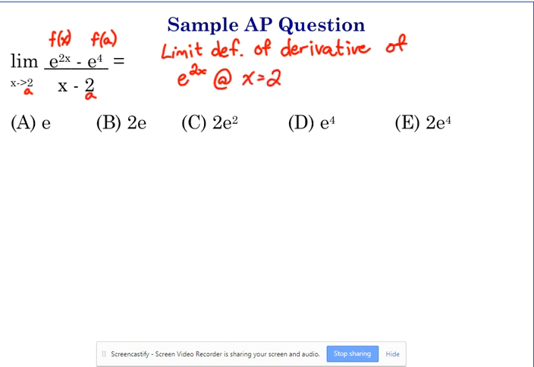Now, you don't know how to find the derivative of e to the 2x yet. You will pretty soon, but let me tell you that the derivative of e to the 2x is 2e to the 2x. So you will know that soon, so you'll be able to do this problem. After you know the derivative, then you plug in 2, and you get that e is the correct answer.